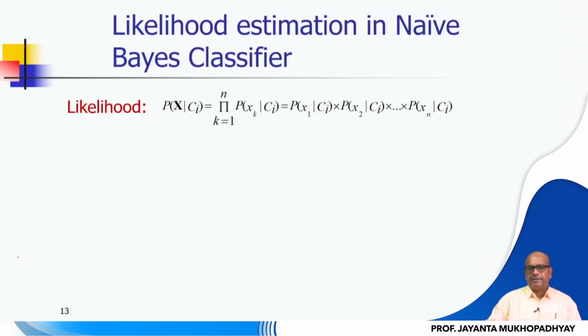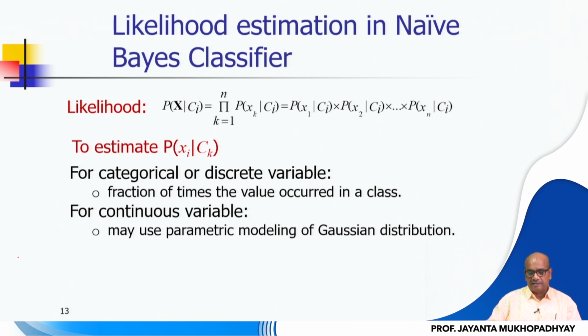Just to elaborate that part, as I was mentioning, for categorical discrete variables you use the fraction of times a value occurred in a class, or for a continuous variable you can use parametric modeling. This is a Gaussian distribution for a single-dimensional variable, and you can see there are two parameters, mu and sigma. To get this distribution, you need to estimate the parameters.